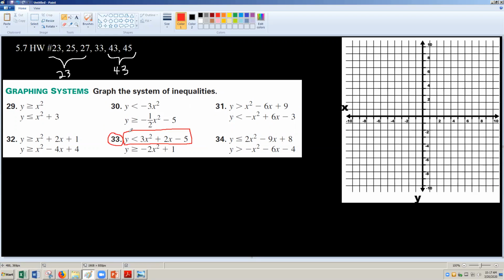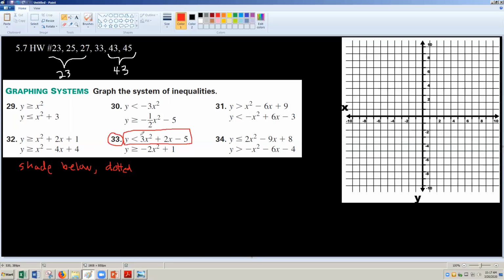Let's notice the actual difference here in the inequalities versus the equalities that we have been doing in 5.1 earlier. Here we're saying y is less than this thing. Less than means I'm going to be shading below, and it also means that this is going to be dotted. It's strictly less than, so dotted, dashed, however you want to think about it.